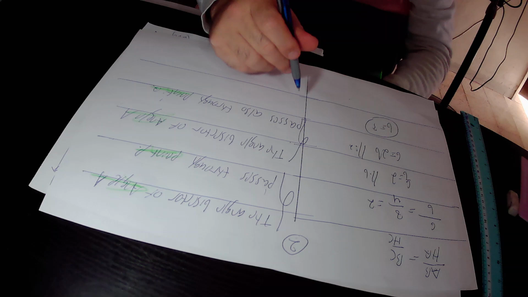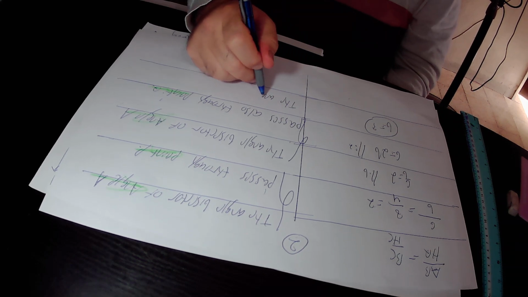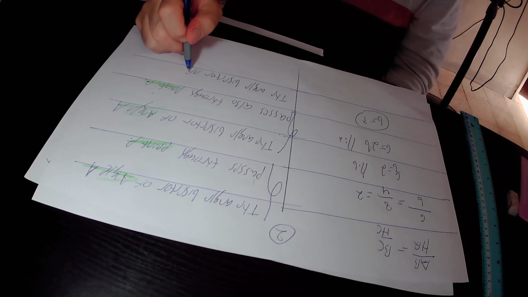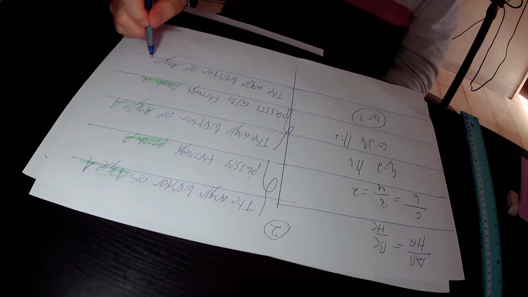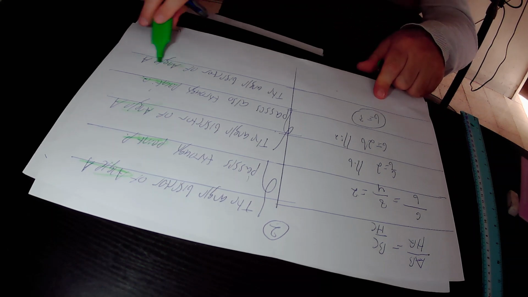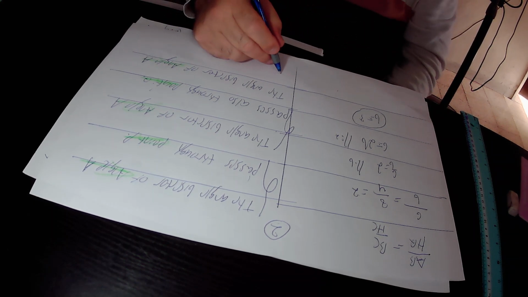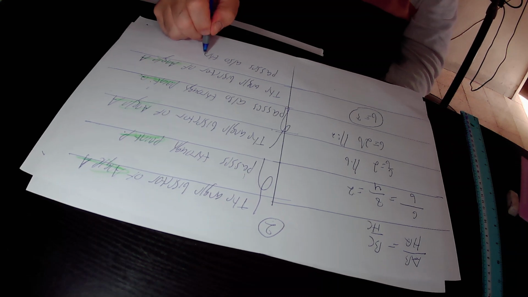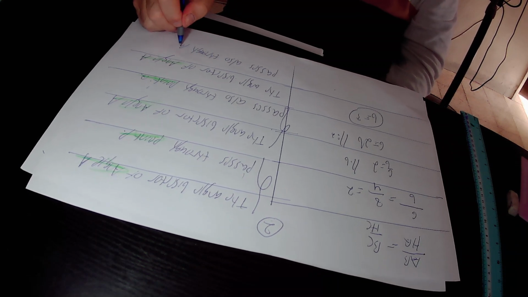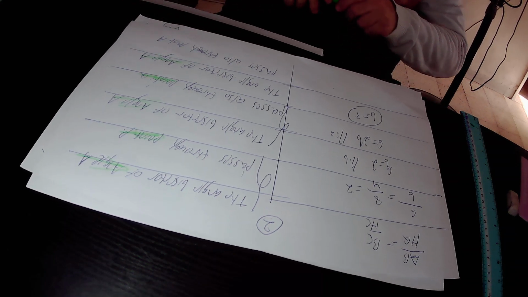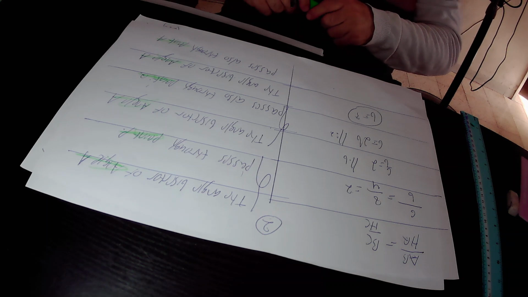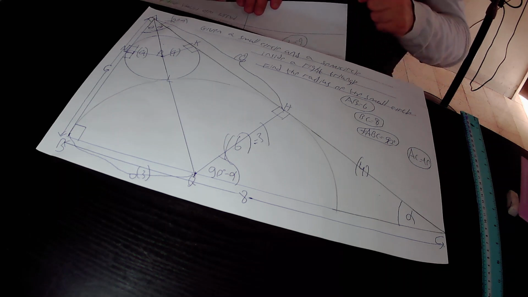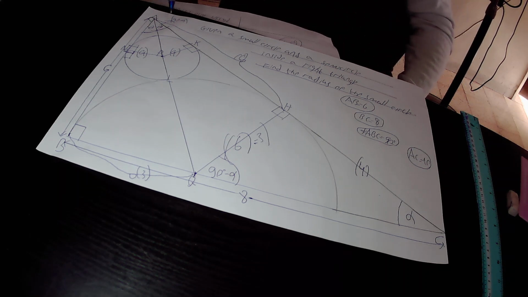The angle bisector of the same angle A passes also through point A. So in conclusion, we found out that the angle bisector of this angle A passes through points A, P and Q. So write it down.